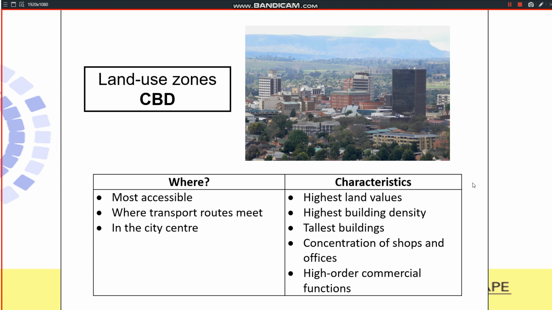The buildings are very densely spaced, very close to each other. Tallest buildings are found here, always vertical in height. There is a large concentration of shops and offices in this area, and very high order commercial functions are found here. Remember, learners, we spoke about high order and low order commercial functions, and remember we're speaking about them here. Let's move on to the next zone.